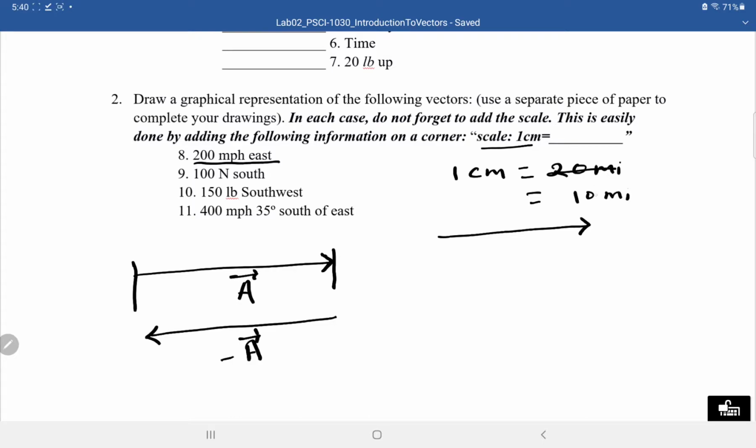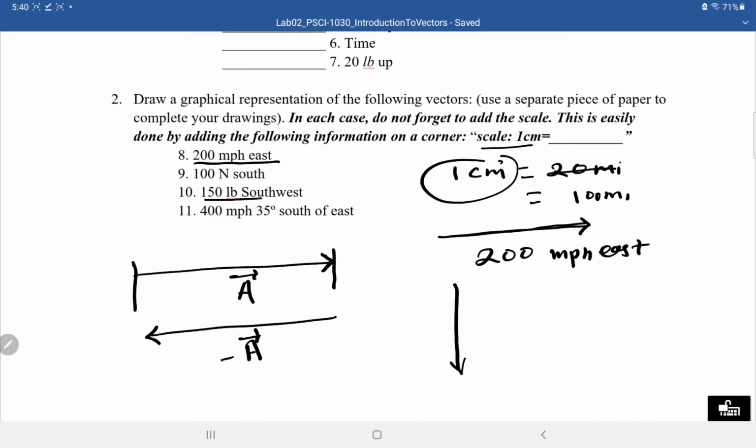If you set 100 miles as 1 centimeter, you can draw a 2 centimeter line, so that will be 200 miles per hour, right? This is velocity. Similarly, you can draw 100 miles south. If you consider the same scale, it will be a 1 centimeter line.